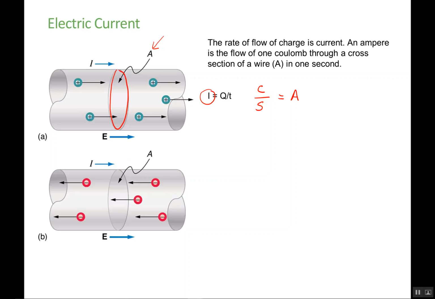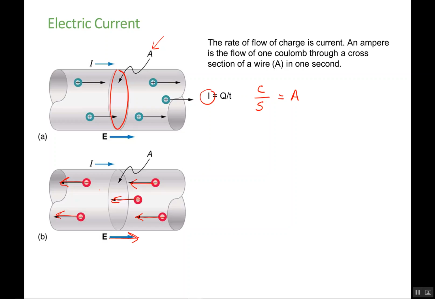So back to this fact that it's the electrons that are moving. Remember, if there's an electric field applied to this wire by an external voltage source, a battery, electrons move against the electric field lines. So they'll be moving this way. But the convention is that electric current is the flow of positive charge. So we think about it this way.